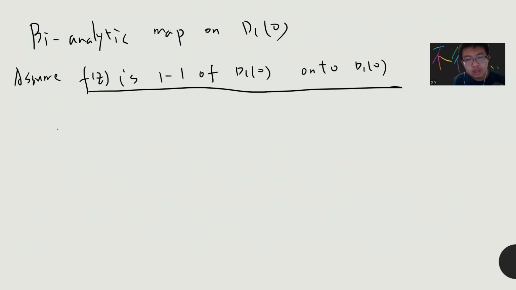Both f and f inverse are analytic. And we want to say, what is such a kind of function?